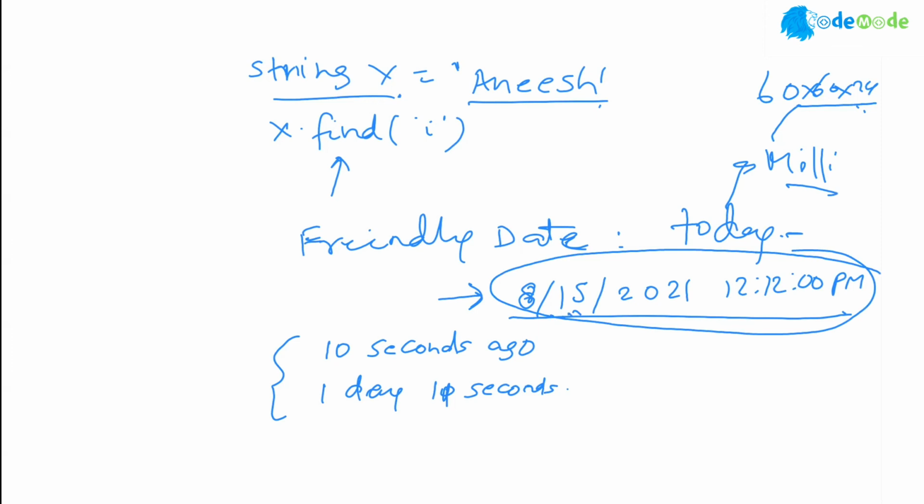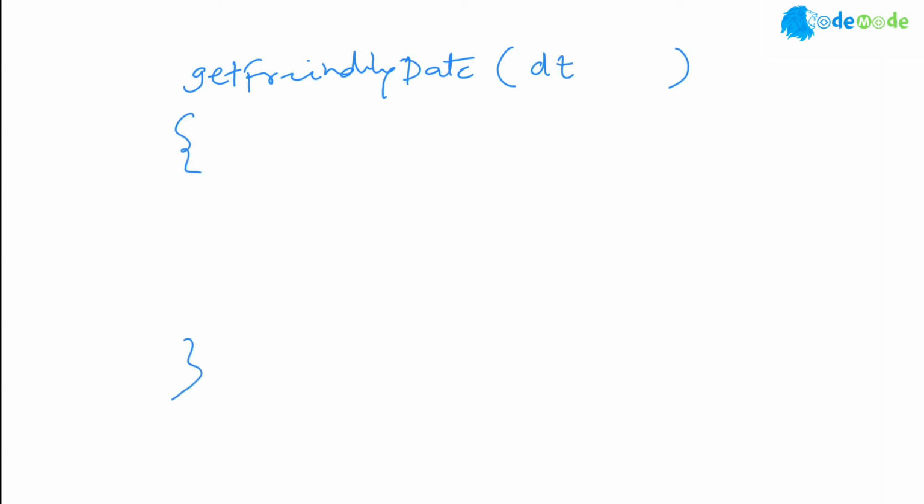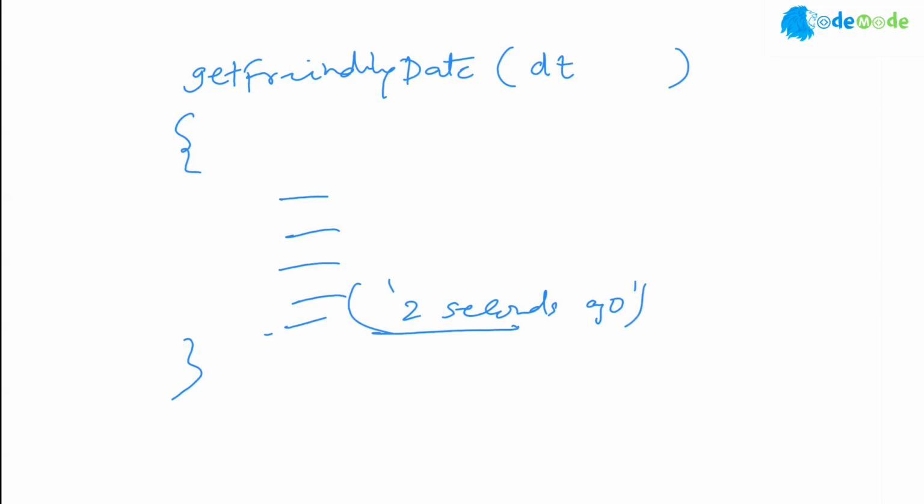So now, anytime I write a function, suppose I write a service and say get friendly date. And I pass some input, which is suppose dt, a variable. And then I'll write code here to calculate this and return a friendly date string, because that is going to be 2 seconds ago or 5 seconds ago, whatever. I'll return this value. It's a string.